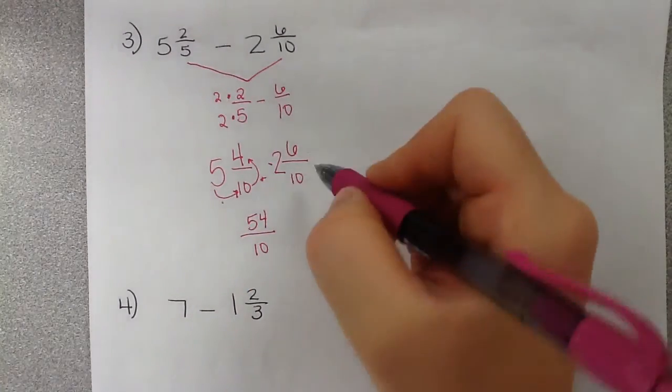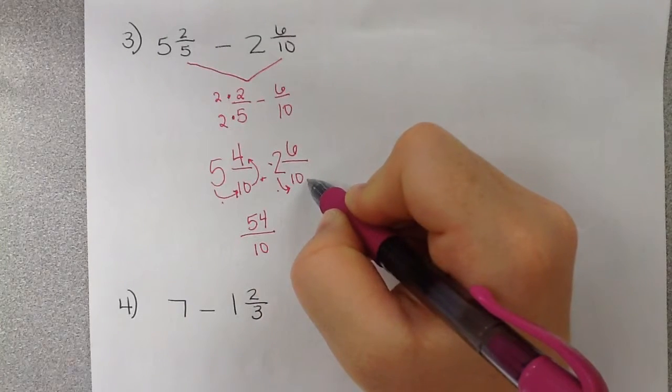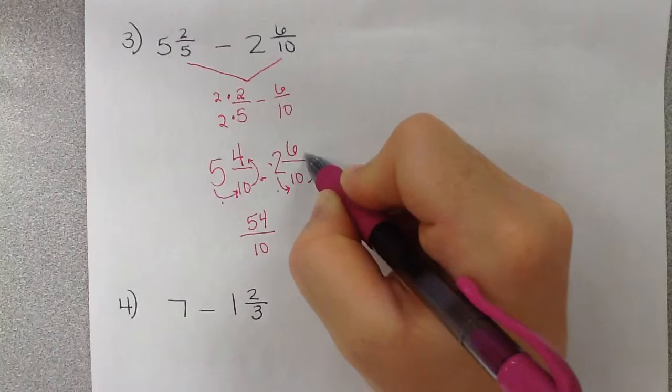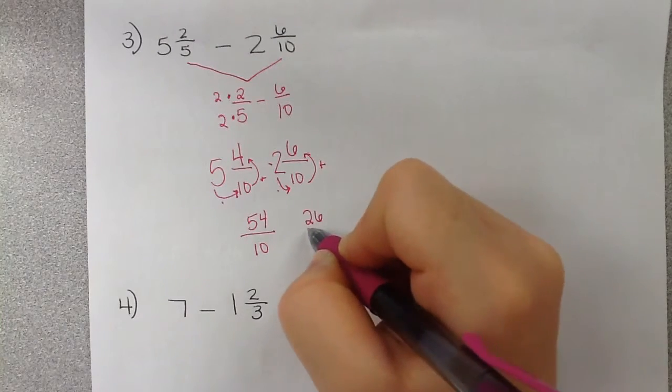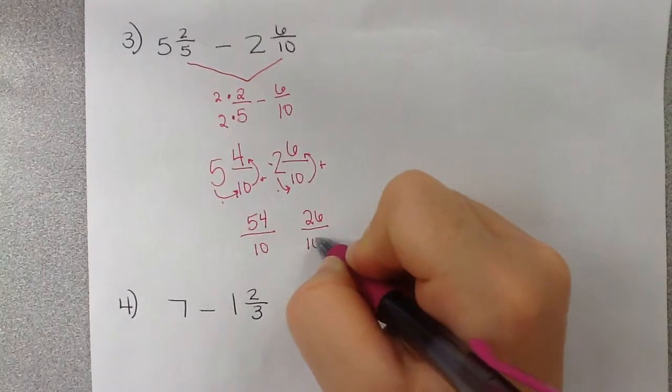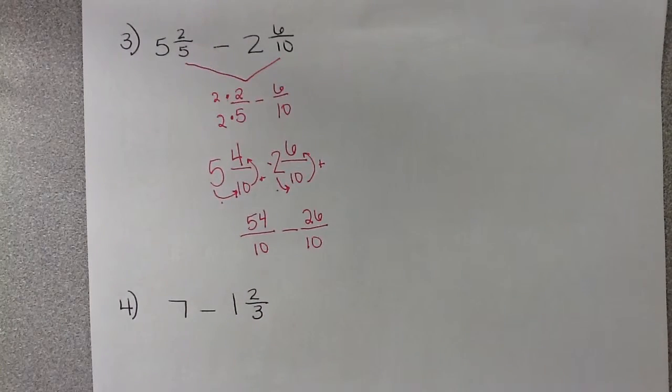What did you do here? 2 times 10 is 20, plus 6, 26 over 10. Now you should have been able to subtract these.